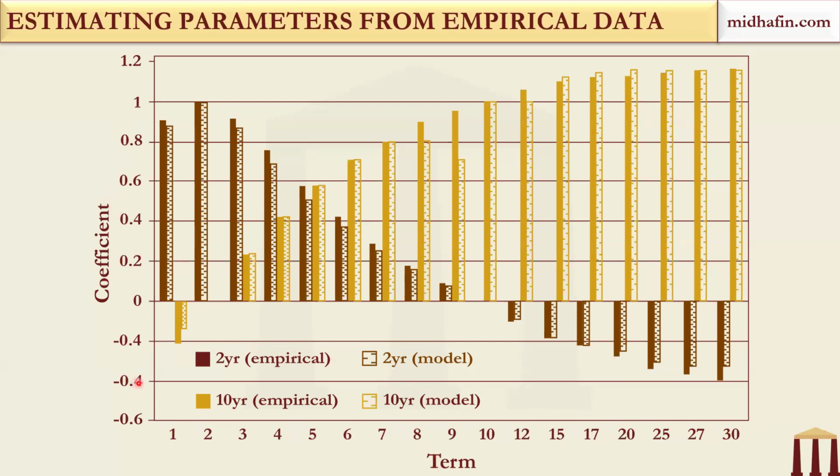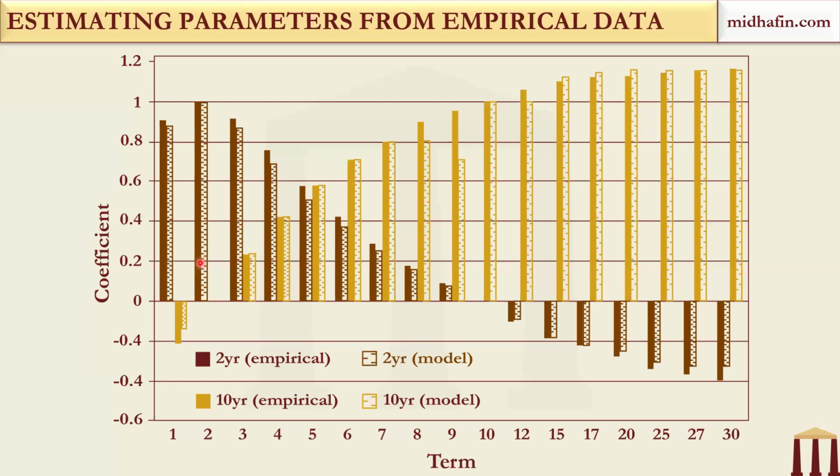Basically, how much the yield at each maturity changes in response to the movement in the 2-year and 10-year zero coupon yield. Okay, so we are doing a regression on the 2-year and 10-year zero coupon yield for different yields at each maturity, in fact.